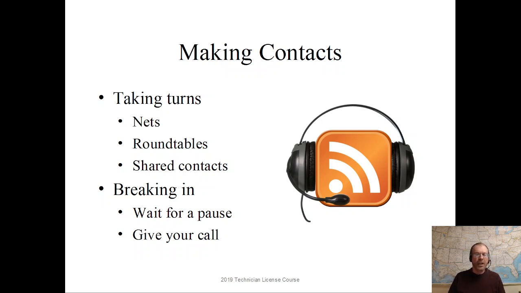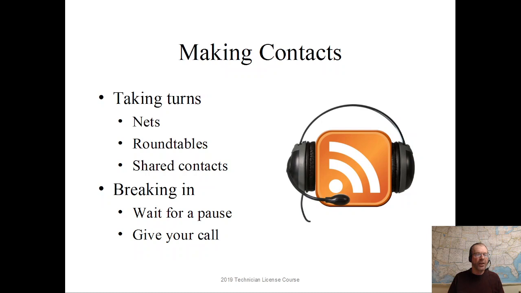If I want to check into that net, I wait for a pause and then give my call sign. I hear the net control station calling for more check-ins. This is net control station calling for check-ins.